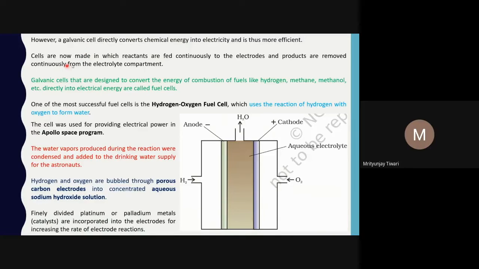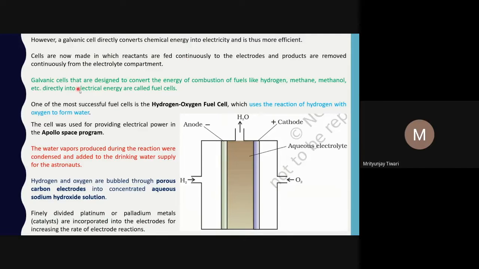And cells are now made in which reactants are fed continuously to the electrodes and products are removed continuously from the electrolyte compartment, and as long as you provide these materials for the electrodes, this reaction will keep taking place.